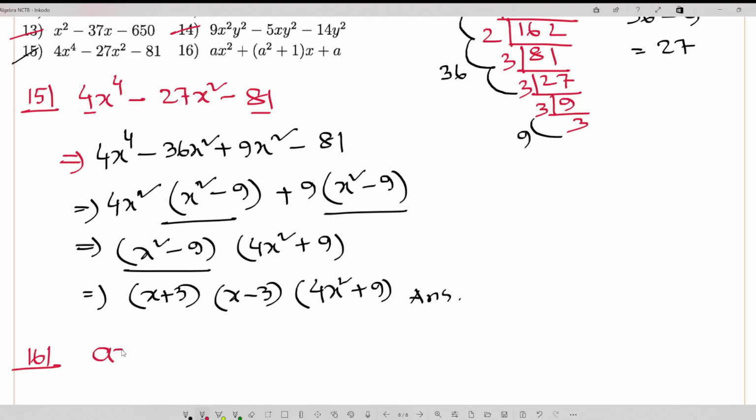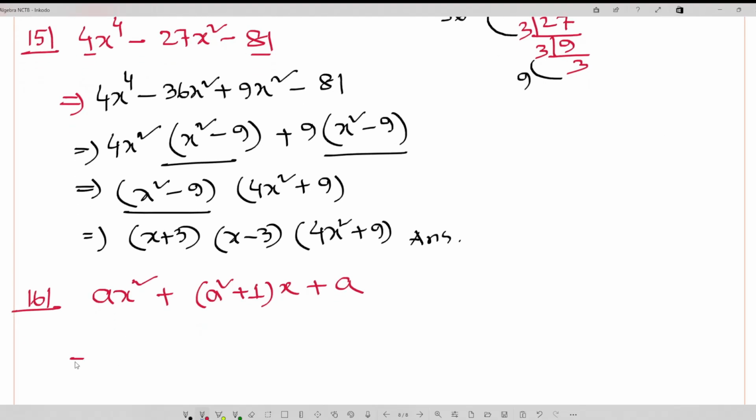Here is ax square plus a square plus 1 x plus a, right? Then what can we do? Here is ax square plus, we can multiply this one, it means a square x plus a, right?